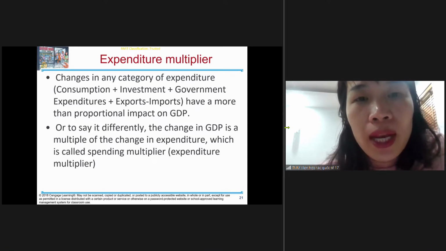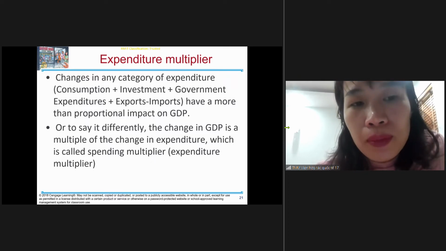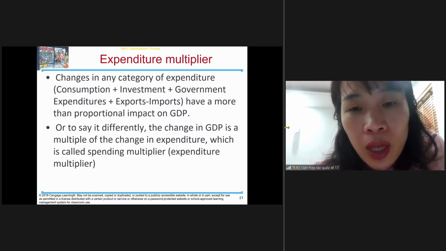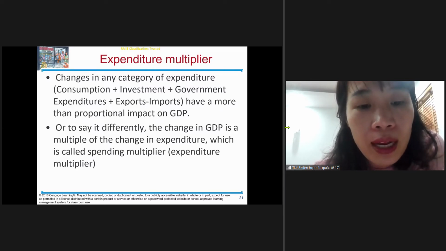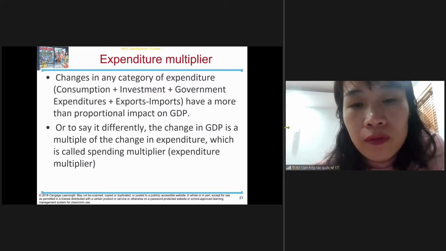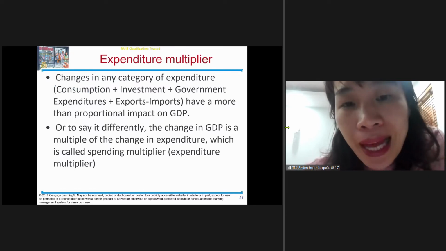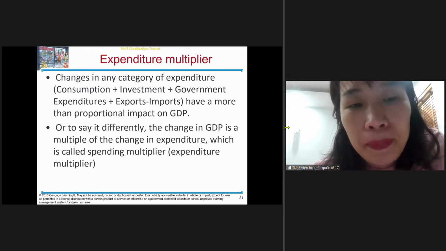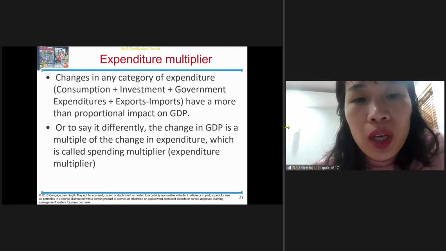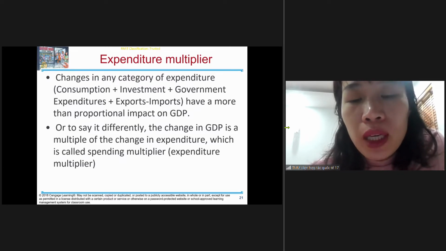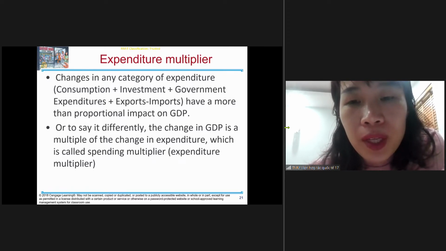That means when consumption of households and individuals increases by, let's say, $10,000, then the total GDP will increase by the multiplier times the change in consumption, which means the change in GDP will be 2 multiplied by 10. So 2 here is the multiplier, okay, and 10 is the change in consumption.